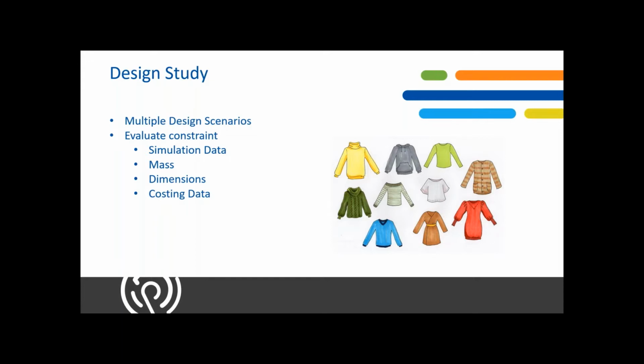This is the same thing that could happen in your design scenario, where you're trying to create a part, but that part has some sort of goal. It could be a mass, or any relevant constraint that you may have. You can specify different constraints in the software, and some of those examples can be simulation data, once again for stress, temperature, even frequency. You can also do it for mass if you want to reach a goal for the mass of your part.